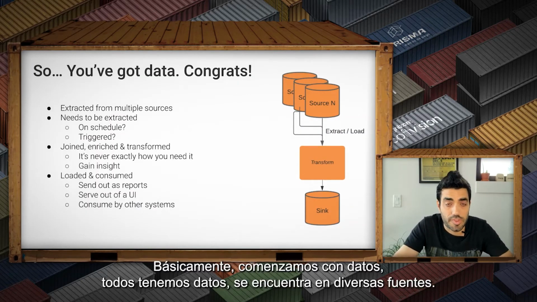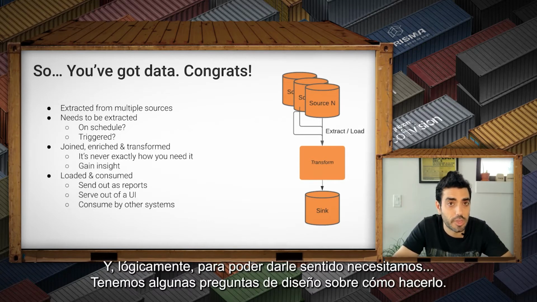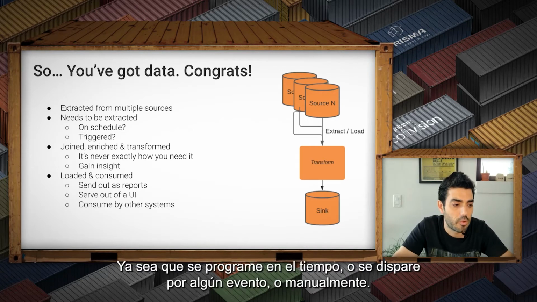So basically, we start with data. We all have data. It's located at different sources and in its raw form. And of course, to make sense of it, we have some design questions about how to do that. We need to extract our data from different sources, whether on a schedule, triggered by some event, or manually.